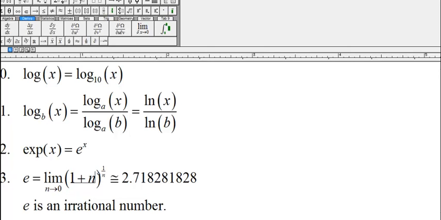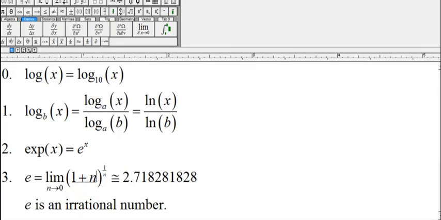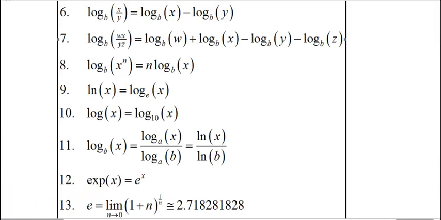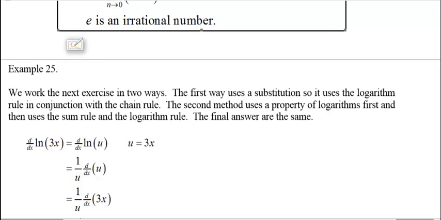And then we took the limit as n goes to 0. That's the form we defined it in this class. The other way I had it was actually an equivalent thing. And this is some of the digits that you get out of your calculator, and then e is an irrational number, so we could never list all the digits or even indicate them by some repeating or terminating pattern because it doesn't have it. So let's do a couple of examples where we apply this logarithm rule.